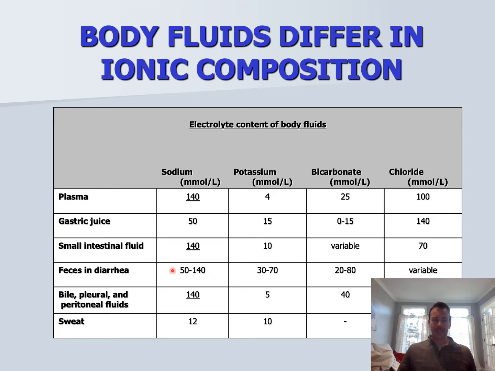But you can see things like plasma versus gastric juice versus small intestinal fluid. These have different levels of electrolytes such as sodium, potassium, bicarbonate, and chloride. For example, there's a higher level of bicarbonate in plasma. It acts as a buffer. You can see the differences between bile and sweat, for example.